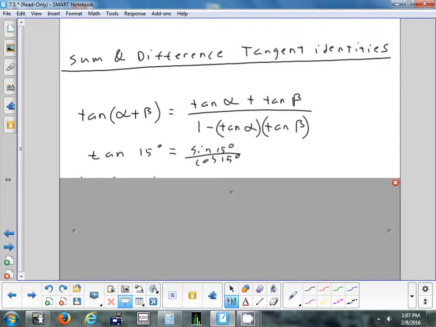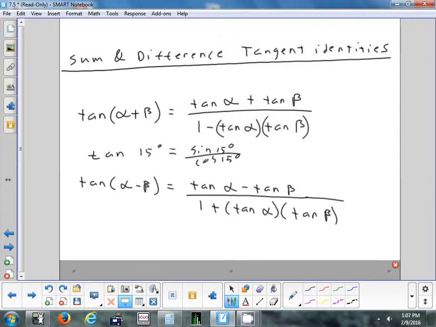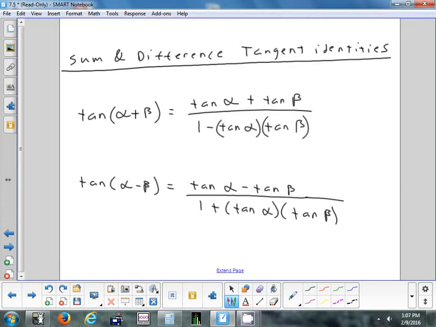That would work. But then you'd have to use one formula for sine and one for cosine. Okay, let's try tangent of 15, but I'm not going to do it with sines and cosines. I'll actually use one of these formulas.